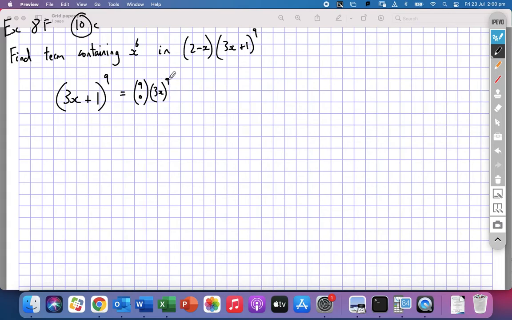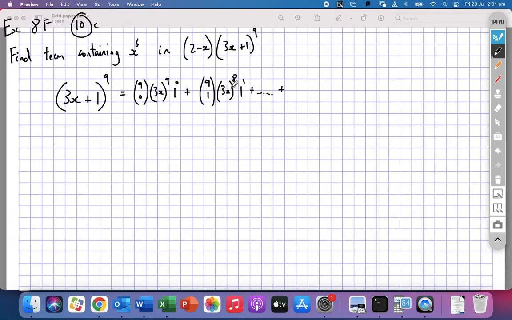That's the n minus k, n minus 0, 9 minus 0 is 9. Then we'd have our 1 to the power of 0. Then we'd plus 9 choose 1, and so on. 8, then we have 1 to the power of 1. I might skip a few.